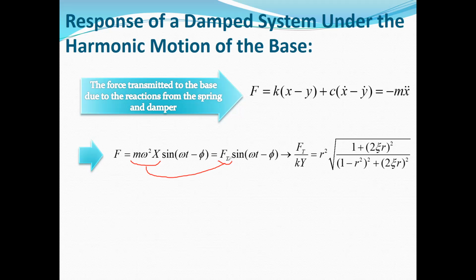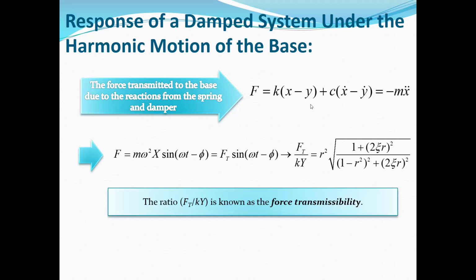And now if we divide it by k times uppercase Y, we can find this relation, and it is called force transmissibility. Again, this is the force which is transmitted to the base, and Y is the amplitude of the base excitation or base motion, and k is the stiffness of this spring.